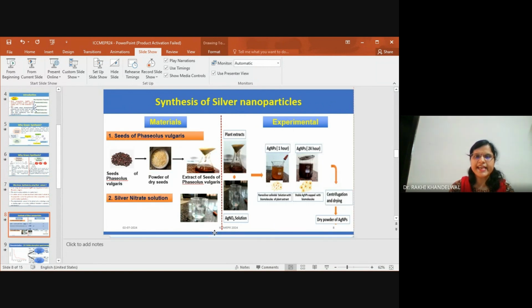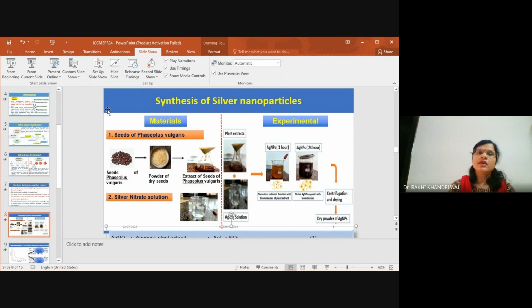Now, coming towards the experimental part, the materials required in the green synthesis method are only two. One is the extract of seeds of Phaseolus vulgaris, and second one is the silver nitrate solution. To prepare the extract of seeds of Phaseolus vulgaris, we collected the seeds from the local market and then ground them and converted them into the powder of the seeds.